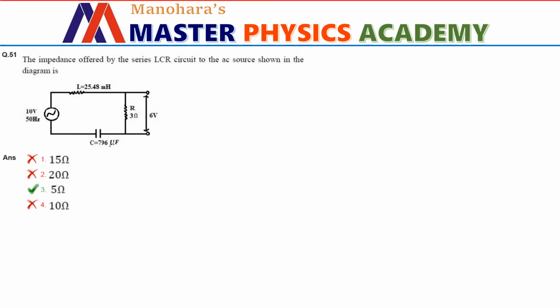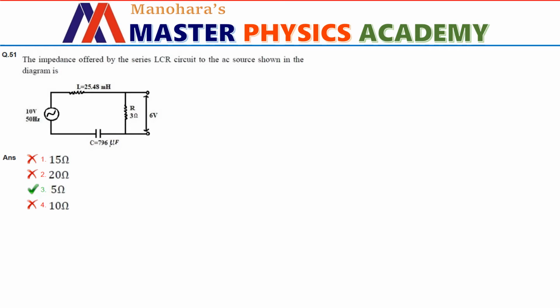The impedance offered by the series LCR circuit to the AC source shown in the diagram is. Here we have inductance 25.48 millihenry, capacitance 796 microfarad and resistance 3 ohm.